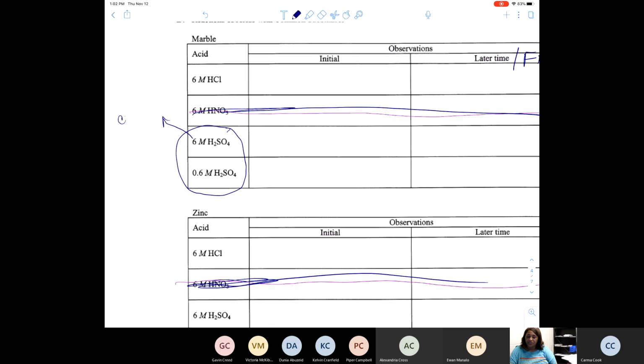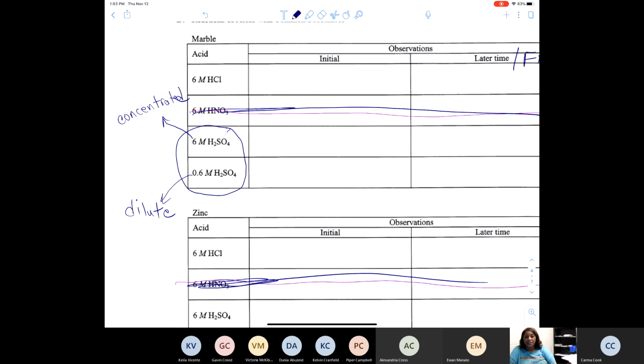This is going to be your concentrated H2SO4, and this is going to be your dilute H2SO4. The concentrated one has the greatest molarity.